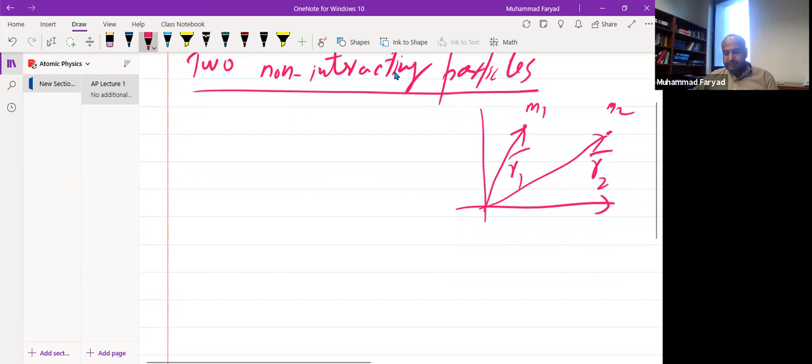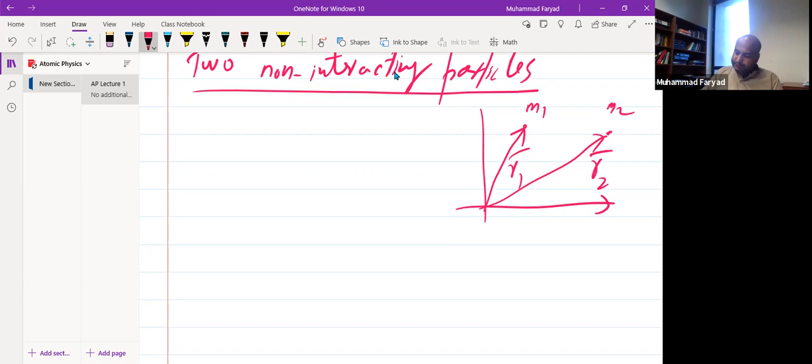Let's see how we can treat them together quantum mechanically, and what the consequences of their non-interaction are. And then we will go on towards understanding interacting particles. From these two non-interacting particles, we will be able to generalize to many non-interacting particles as well.